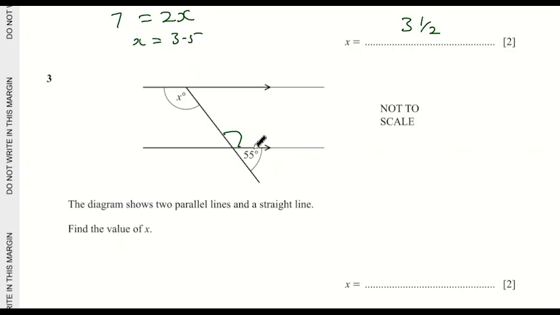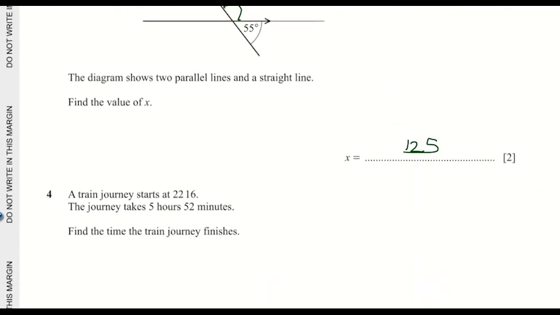So 180 minus 55 gives 125. So this angle 125 and angle x are equal. They are alternate angles. So the value of x equals 125.